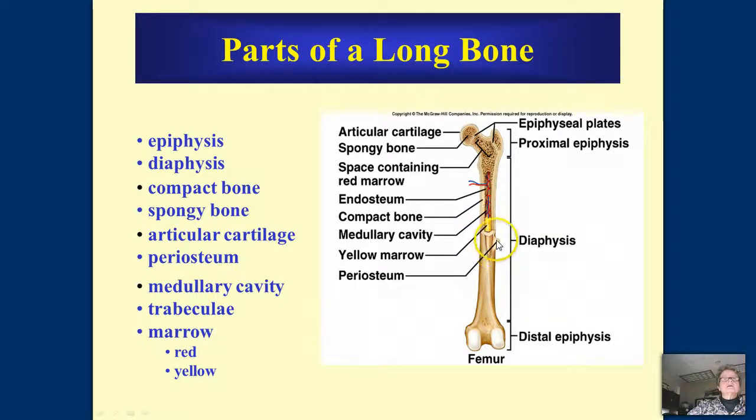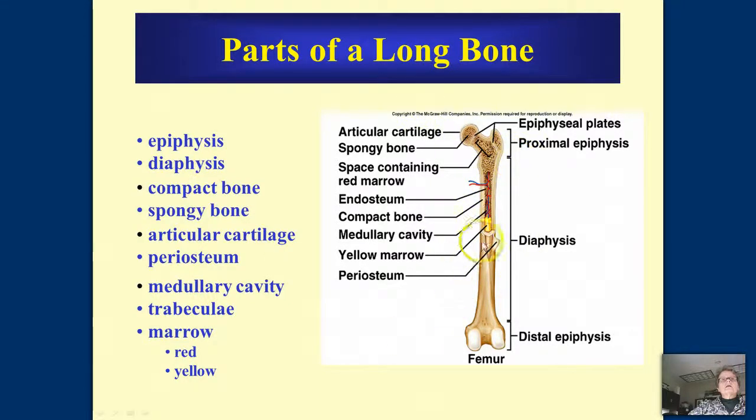Periosteum is a dense connective tissue found on the outside of bones. Medullary cavity: if you ever eat chicken and you've ever broken apart that leg bone of the chicken leg, you see usually cooked marrow in there. That is the medullary cavity. In adults, it would be yellow marrow.